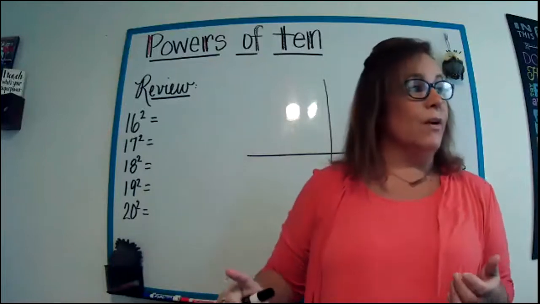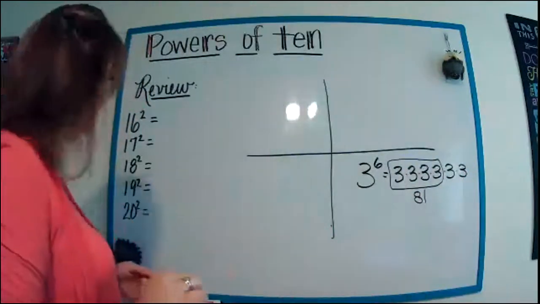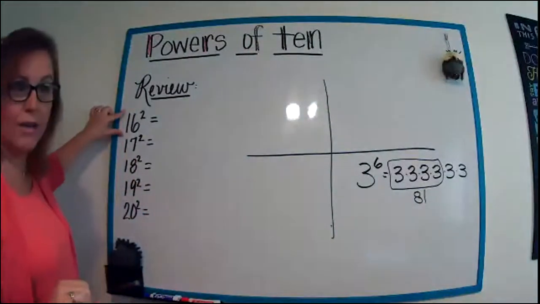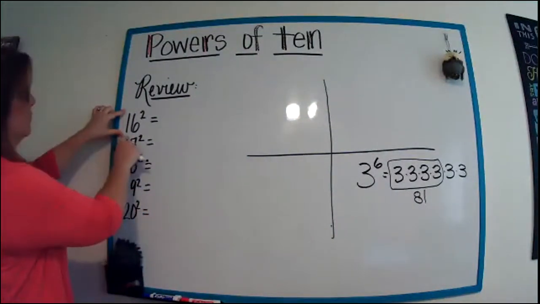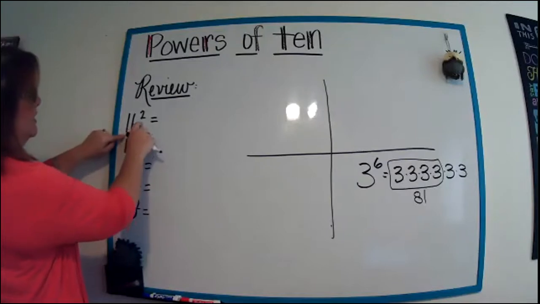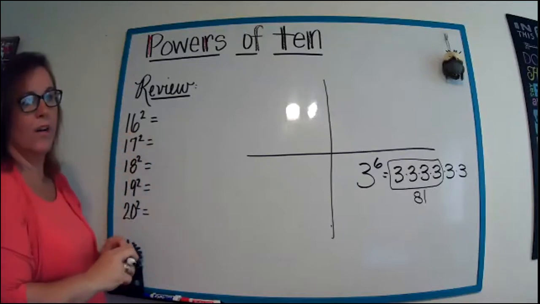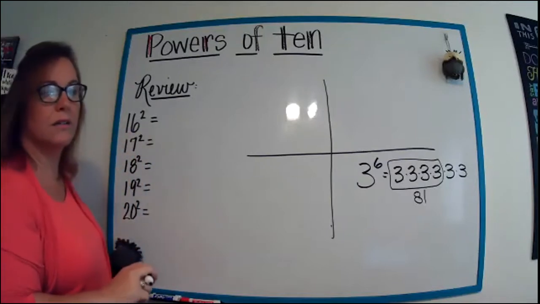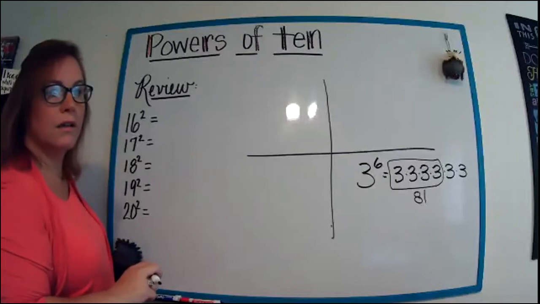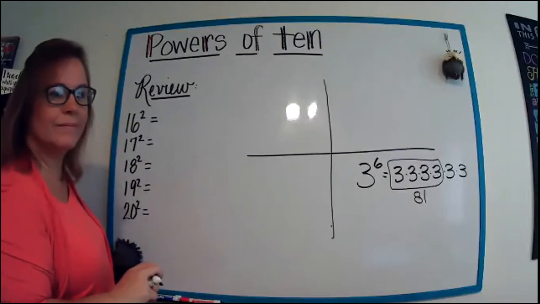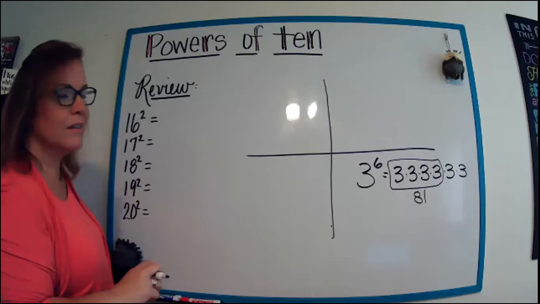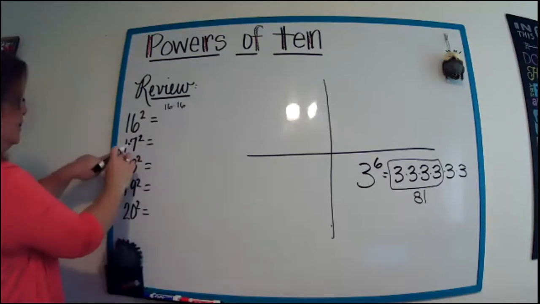Okay, so what I'm gonna do is, yes, you may use a calculator, because remember, what will I put in my calculator to find 16 squared? What equation would I put in? What would I do? 16 times 16. You're right. I would put 16 times 16.